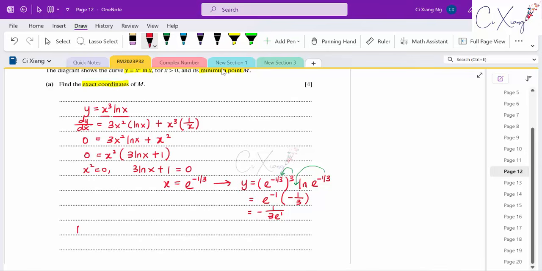Therefore, we already get the exact coordinate for the m, where the x coordinate is e power negative 1 over 3, and the y coordinate is negative 1 over 3e. So this is the coordinate for the minimum point of the m. Then we can proceed to part B.